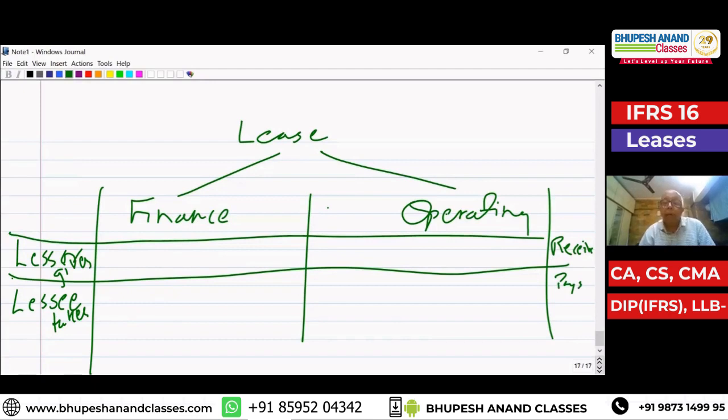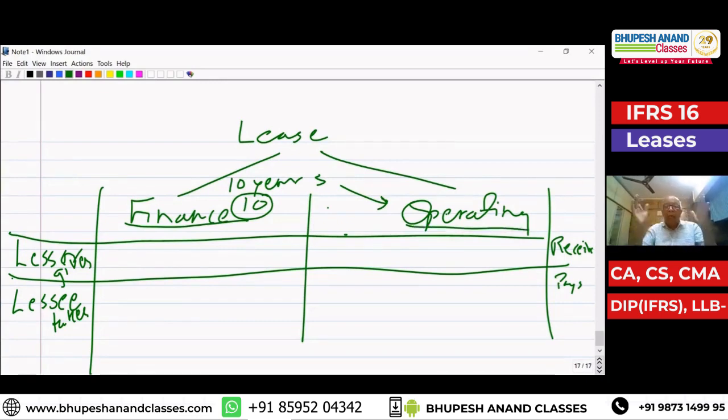Let us say the useful life of the asset is 10 years and the rent period is also 10 years. Then what has really happened? The asset is sold. Therefore, it's a finance lease. And if it is 5 years or 7 years, then it's an operating lease. So that is really a rent.